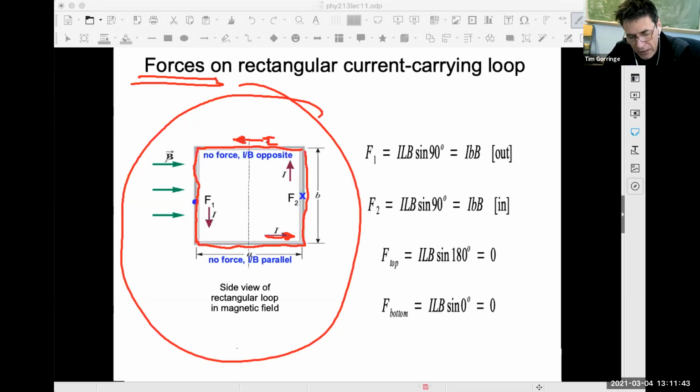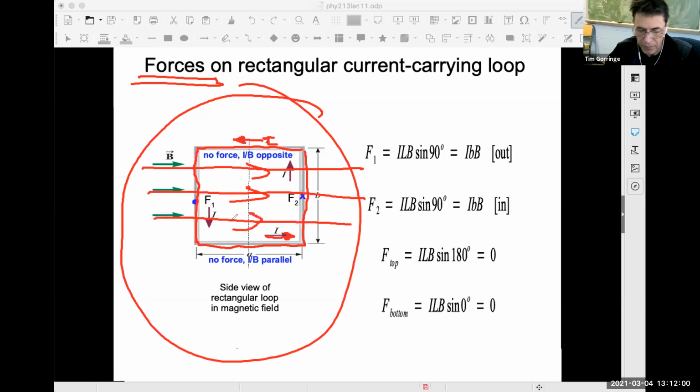And then there's a magnetic field. You see a sketch of the field vectors here. So this field is sweeping from left to right across the region of the loop. So those would be some field lines.